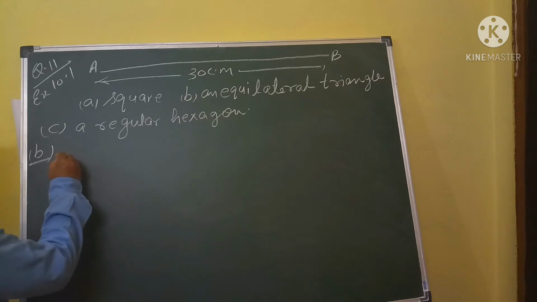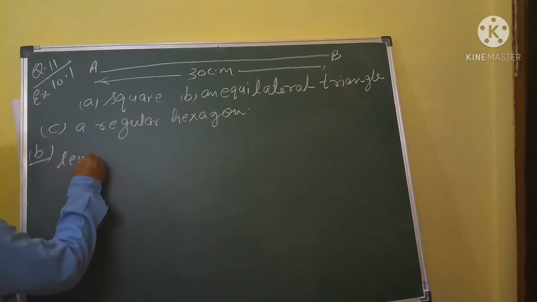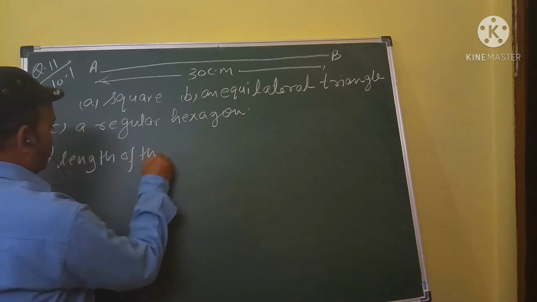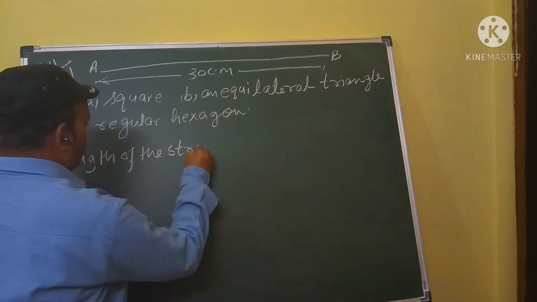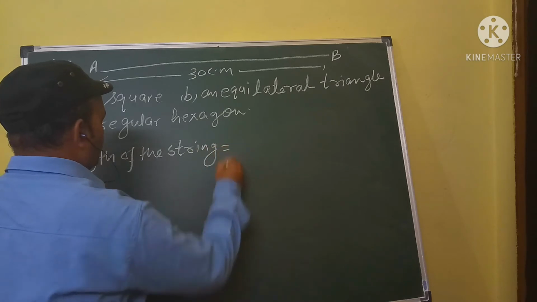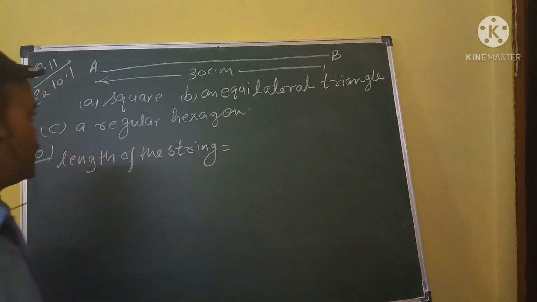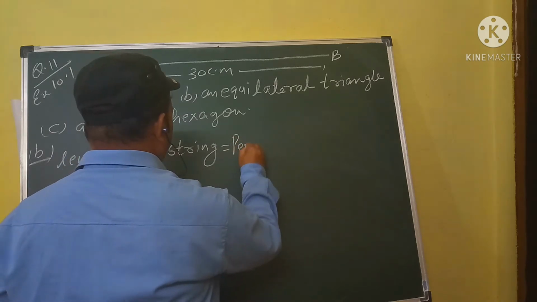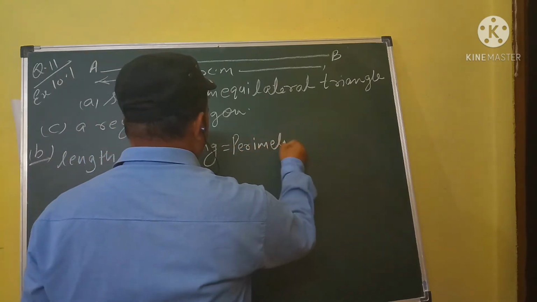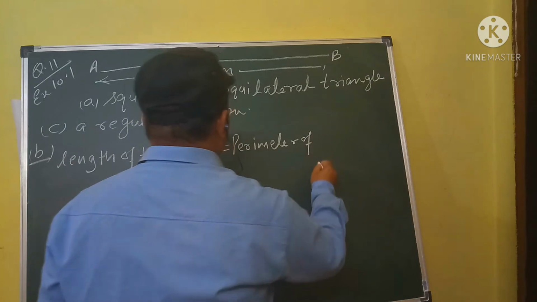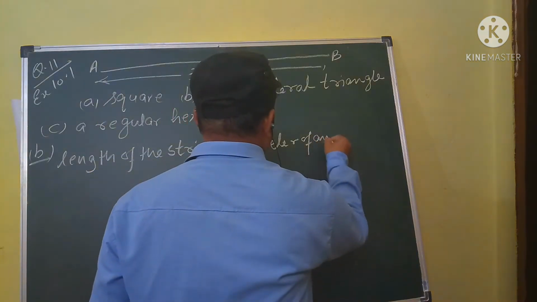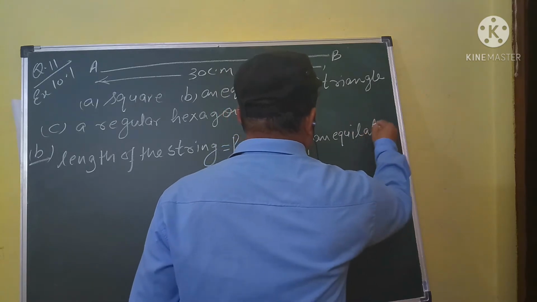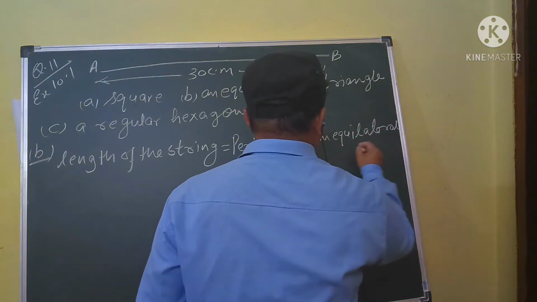For 11th B, the length of the string is equal to the perimeter of an equilateral triangle.